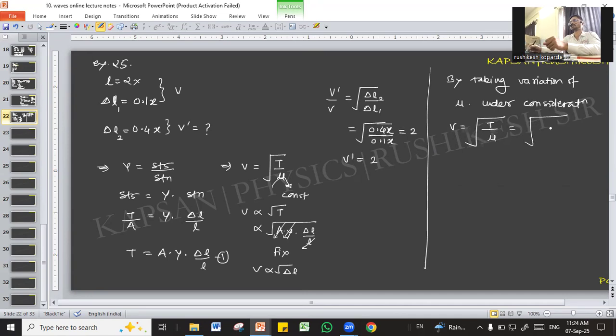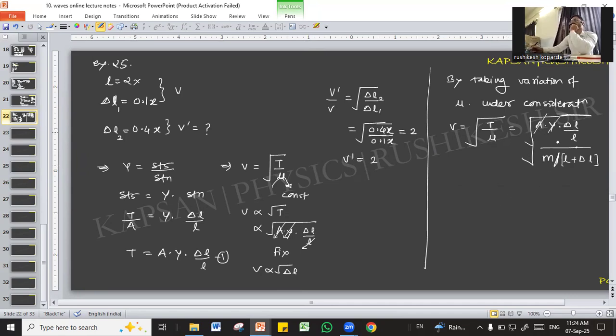So under root tension, we have area into Young's modulus into strain. Now mu is the mass of the wire upon the length of the wire. The length of the wire has to be written as L plus delta L. This is what we have to do.